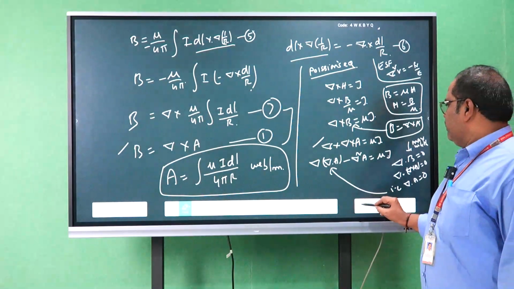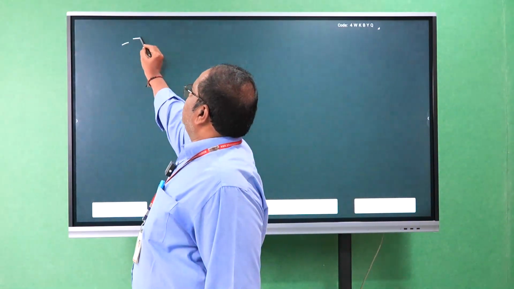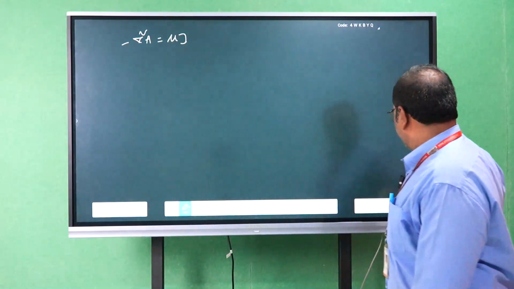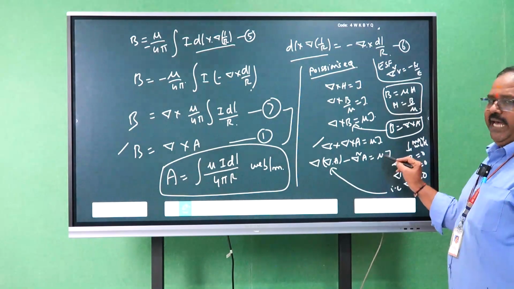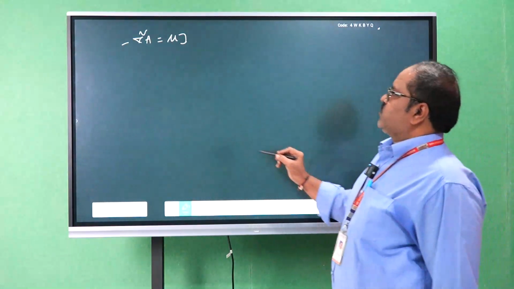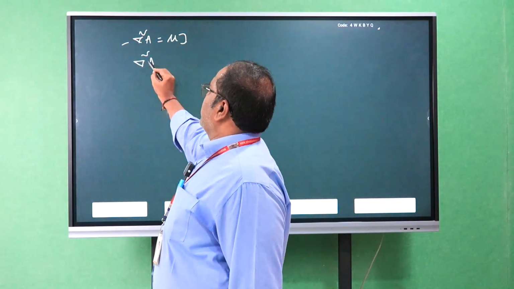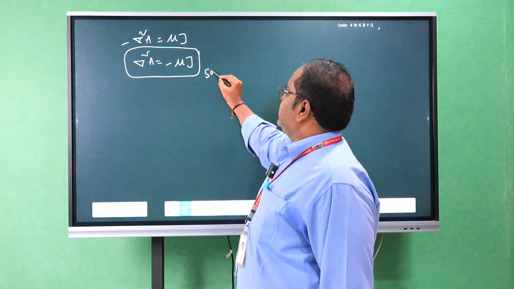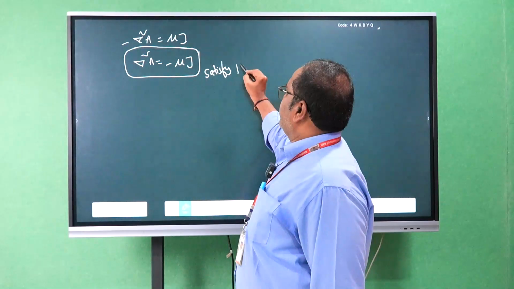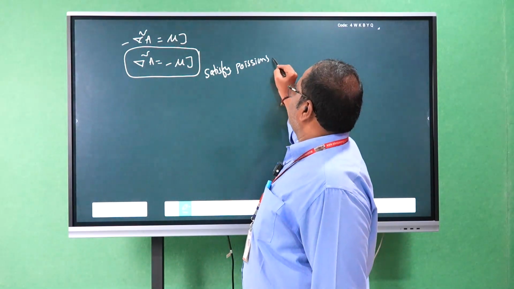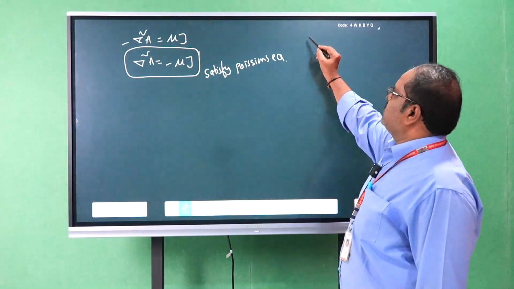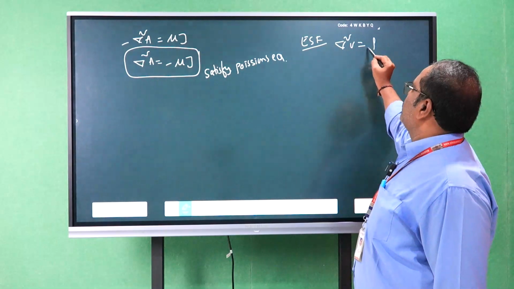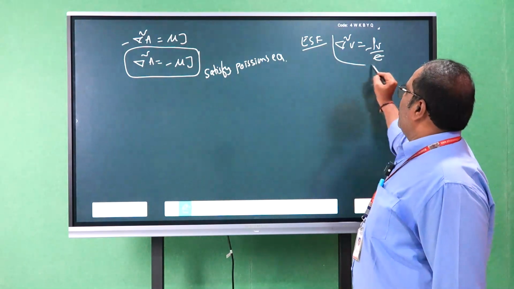Therefore, minus del square A is equal to mu J, so del square A is equal to minus mu J. It satisfies Poisson's equation. In an electrostatic field, Poisson's equation is del square V equal to minus rho V by epsilon.